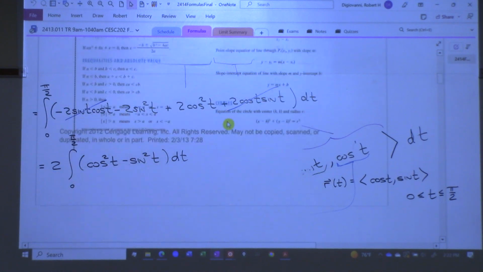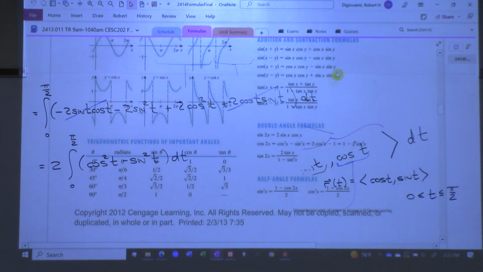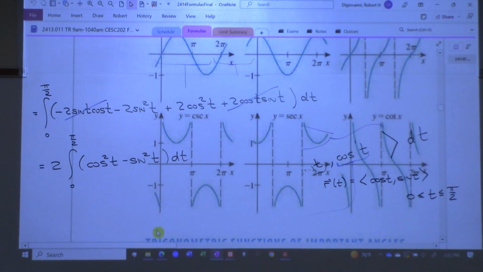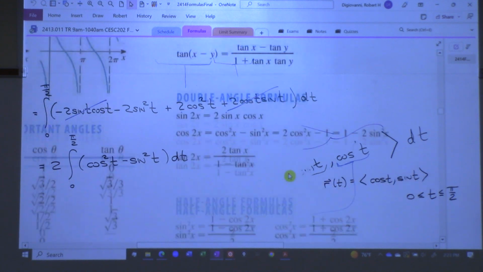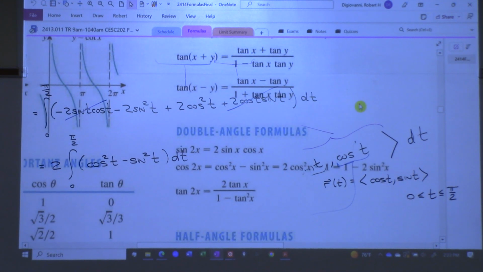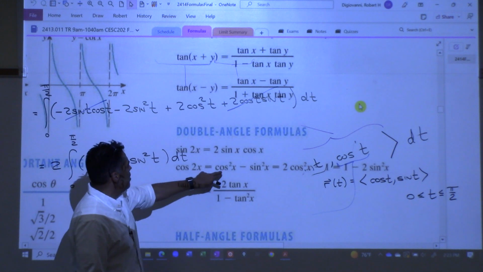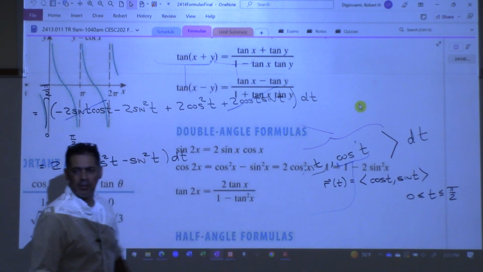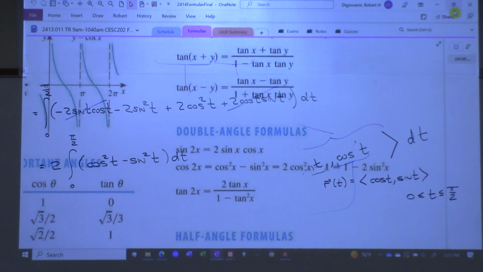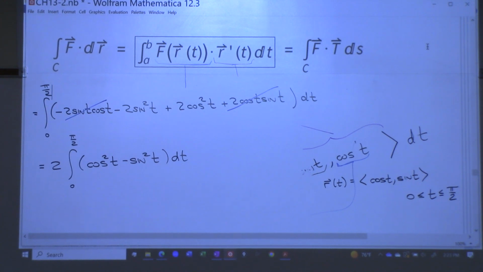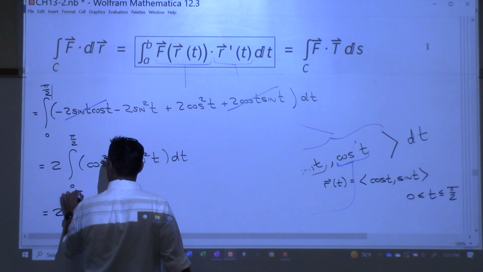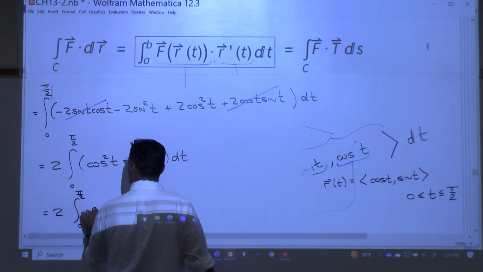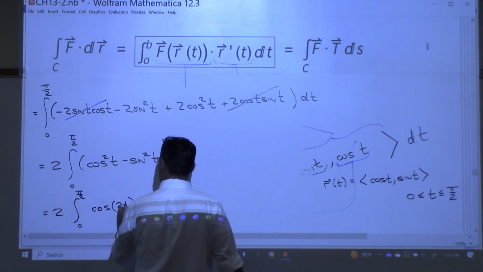Here we go. Here it is. Zooming in. There it is. Cosine of 2x is cosine squared x minus sine squared x. That's what I'm using now. So this just becomes 2 integral 0 to pi over 2 of cosine of 2t dt.